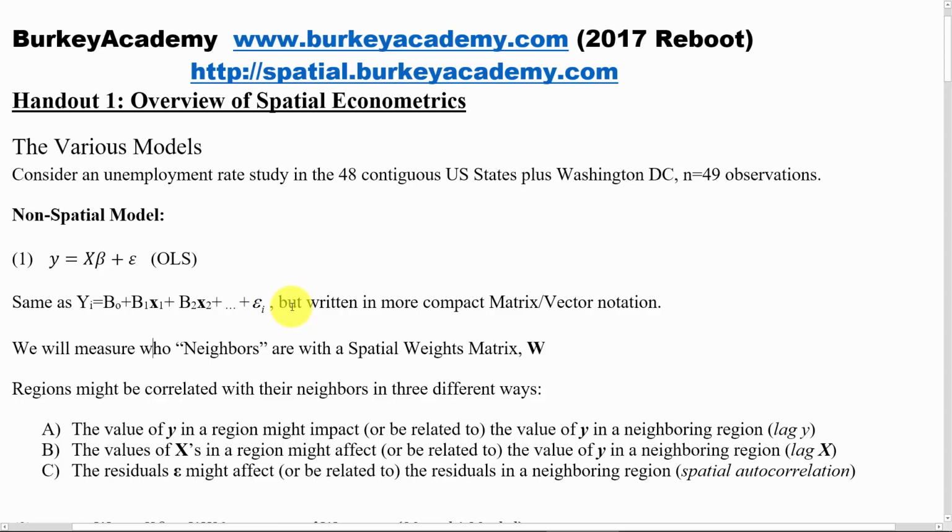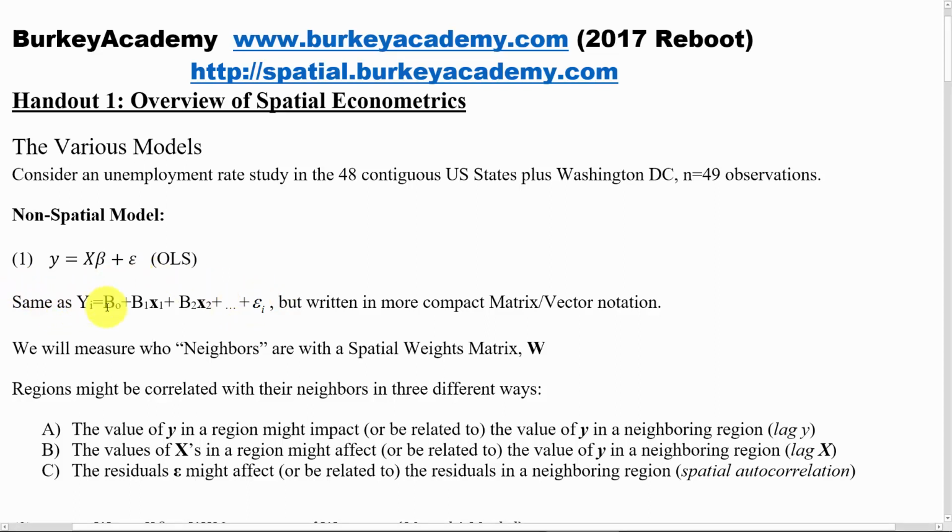Say this is per capita income or social capital. We could add a lot of different variables in here. And then we have this stochastic error term here, something that we're not going to be able to explain even if we have all of the explanatory variables. There's some randomness involved to these outcomes.